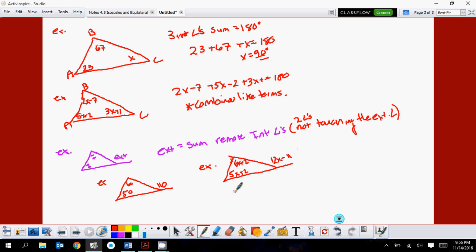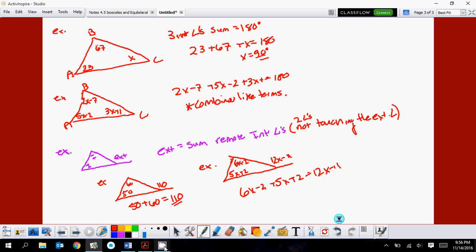I don't know. So then I'd have 6x minus 2 plus 5x plus 2 equals 12x minus 11, and I would have to solve the algebra from there. Okay, very similar to what you did here, where the remote interiors had to add to equal the exterior.